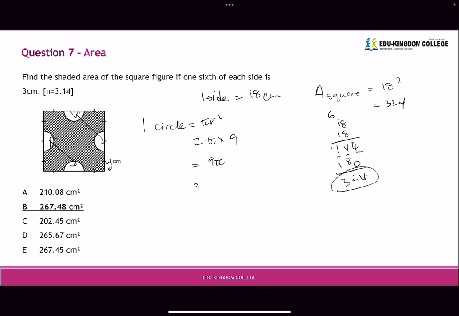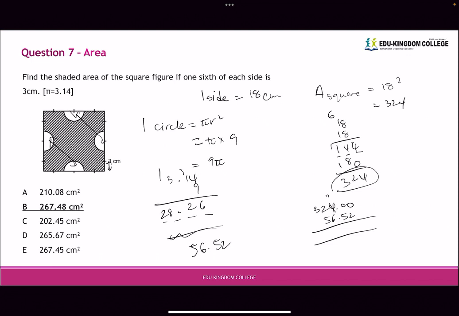So 9 times 3.14. 9 times 4 is 36, carry the 3. 9 times 1 plus 3 is 12, carry the 1. 9 times 3 is 27, plus 1 is 28.26. Okay? So if we double that, it's going to be 56.52, because we have 2 circles, not just 1 circle. And then we're going to do 324 minus 56.52.